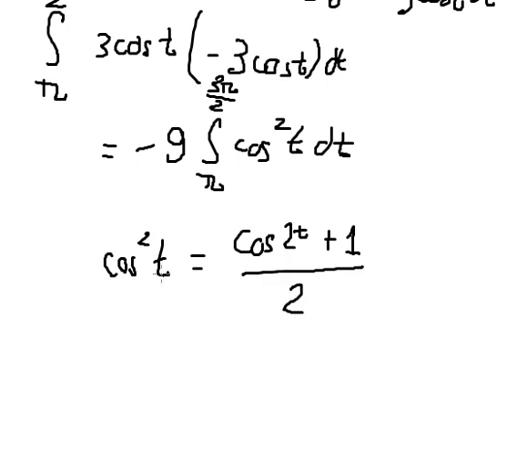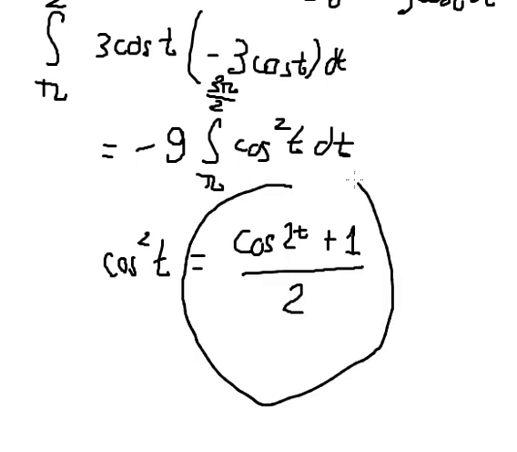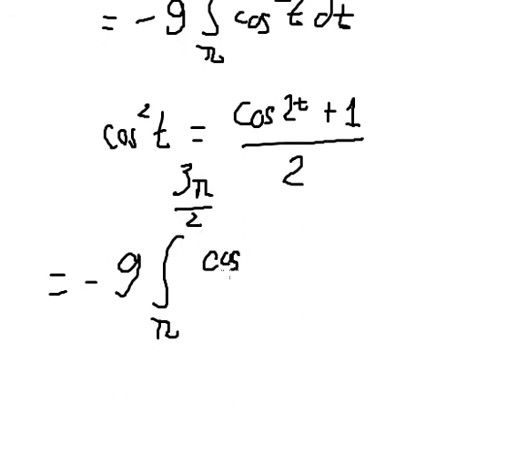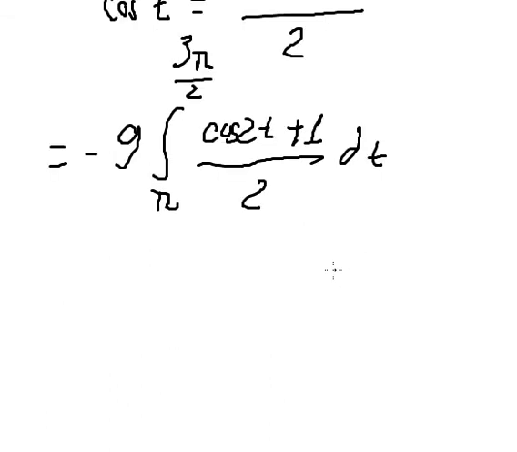So we change cosine t squared into this one. So we put number 2 outside.